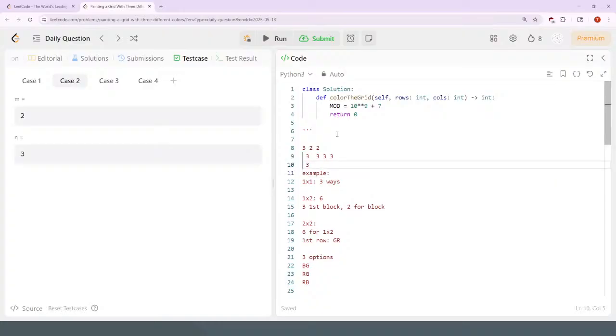And I assume that if you extend it out, then it's like 3, no, it's not going to be that easy. So 2 by 3 is 54 here, and a 3 by 2 is 54 here.